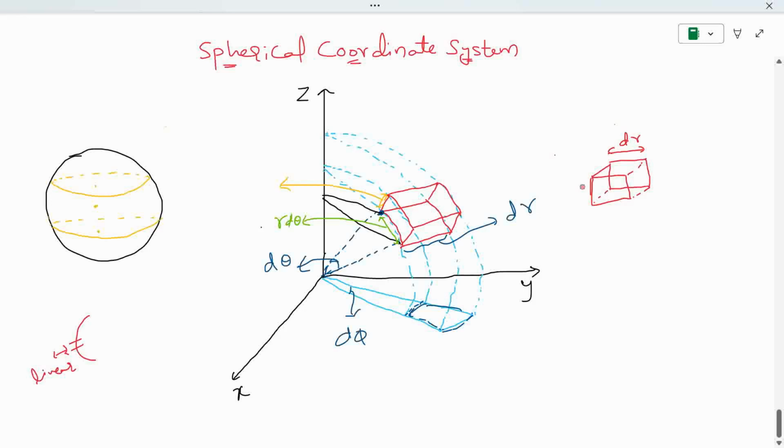So in the spherical coordinate system, the coordinates are r, phi and theta. Here r is the radial distance.